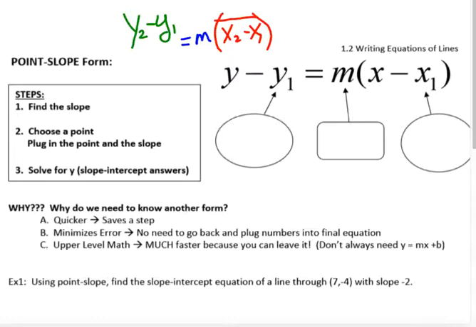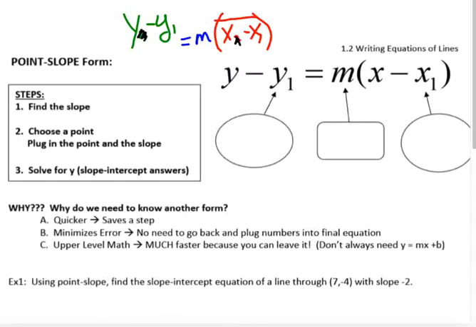Now, this slope formula looks a lot like the point-slope form here. The difference, though, is that we don't see these 2's in that point-slope form. The reason why we don't see those 2's is we're only plugging one point in, and we know the slope. When we use the slope formula, we don't know the slope, so we have to know 2 points.